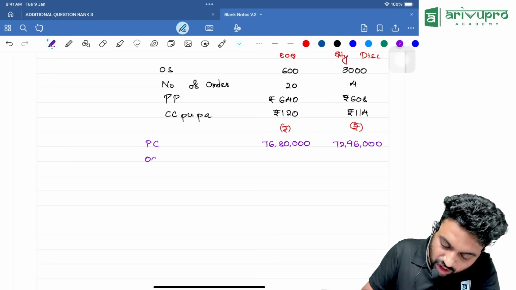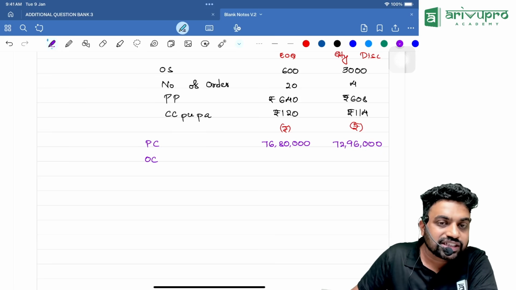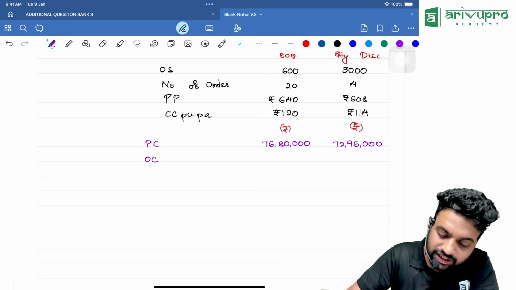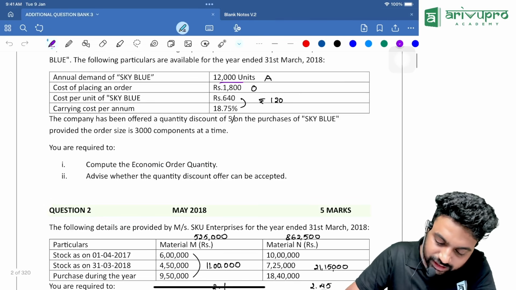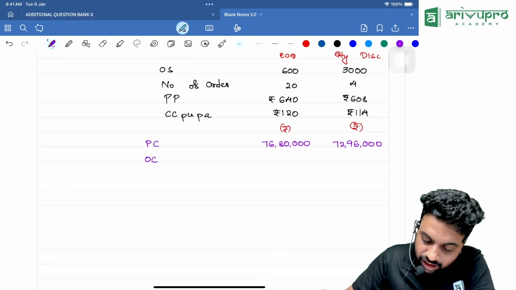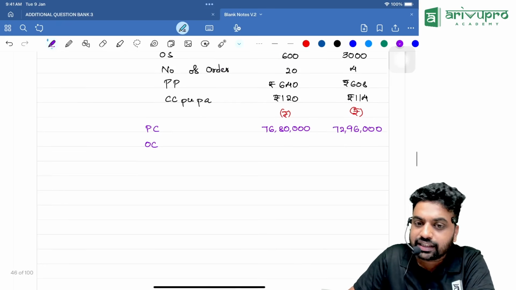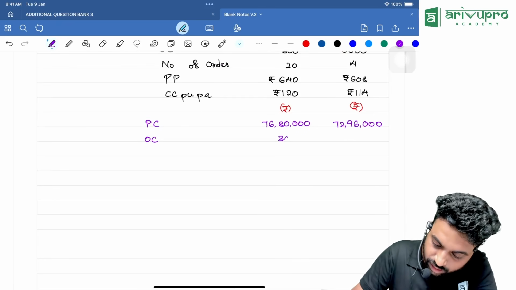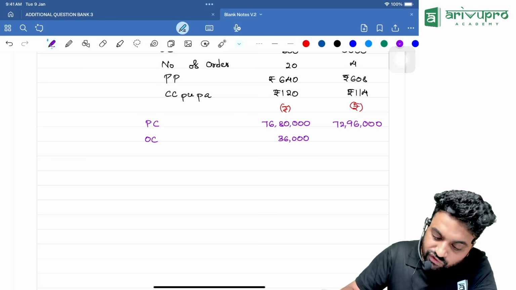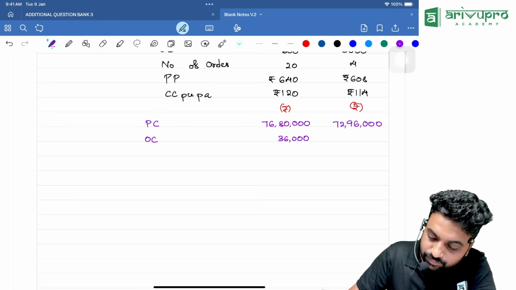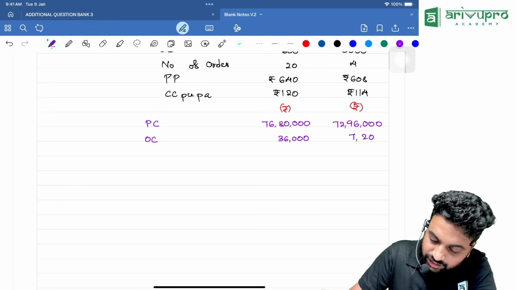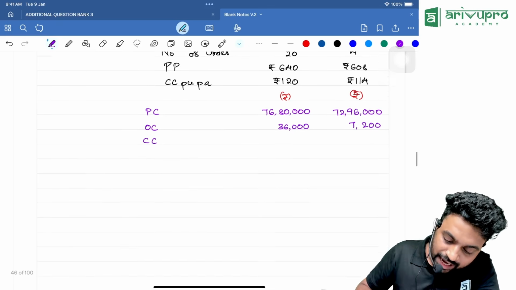Next one is your ordering cost. Ordering cost is nothing but number of orders into ordering cost per order. Ordering cost per order they are telling us 1,800. So 20 into 1,800 will come to 36,000. 4 into 1,800 will come to 7,200.